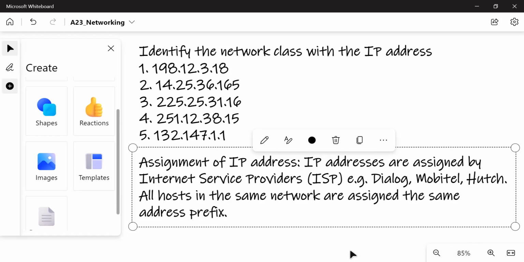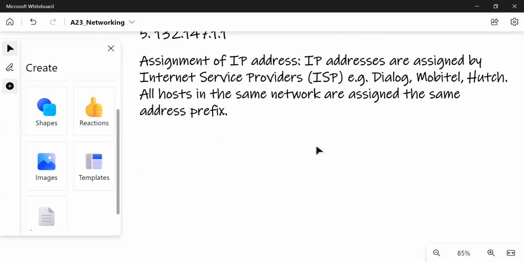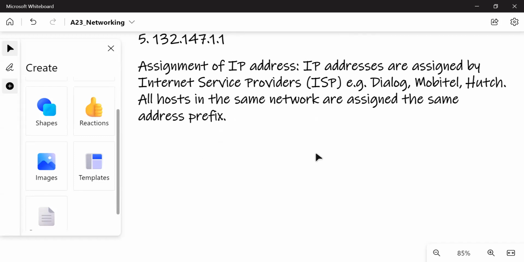Those are the ones who assign the IP addresses, right? And the computers in the network, which we call hosts, will have the same network address or the same address prefix. That's usually how it happens.